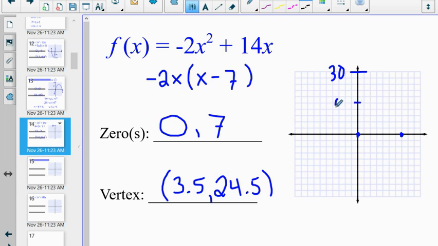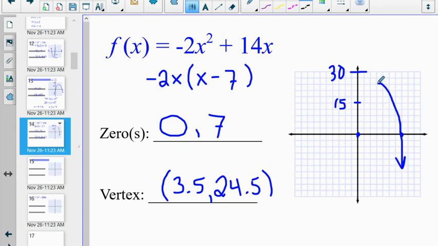I suppose 15 would be right there. 18, 21, 24 is right there. So just a little tiny bit above that. There is my vertex over 3.5, up 24.5. And with those 3 points, I've got a pretty good idea of what this graph is going to look like.